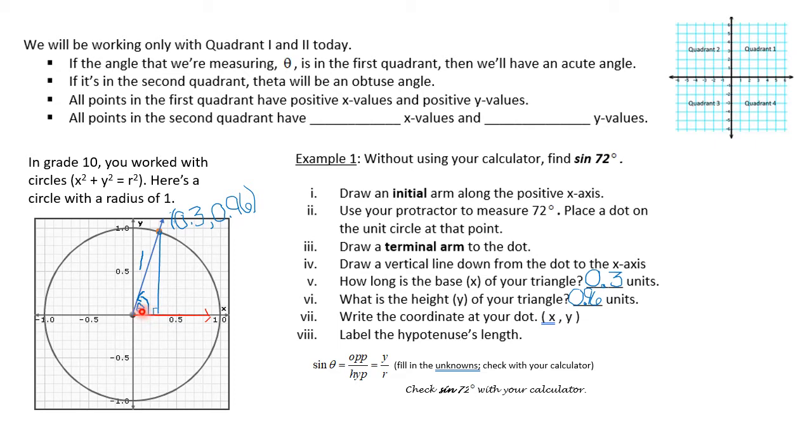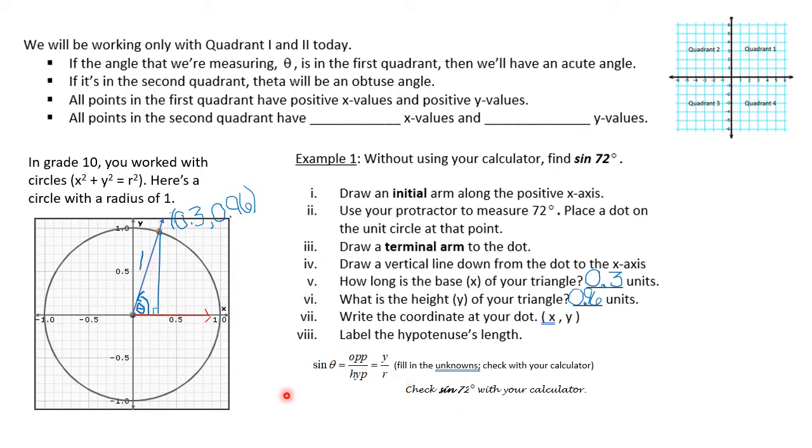So instead of saying opposite over hypotenuse, I can also say y over r, for the radius. You already have SOHCAHTOA memorized. You know that sine is opposite over hypotenuse, but a new way to remember it now is y over r. And that's often helpful when we're on a coordinate plane. We're just looking for a y coordinate and then a radius, and a lot of times our radius is 1.